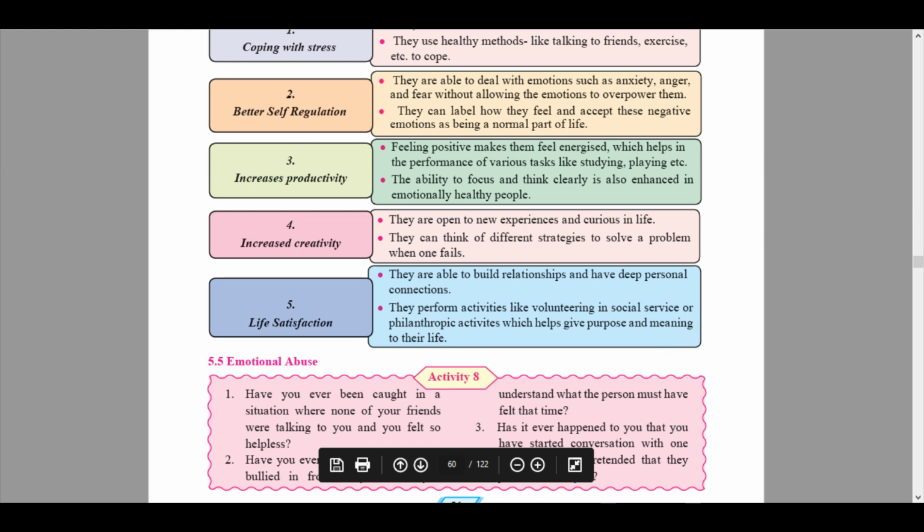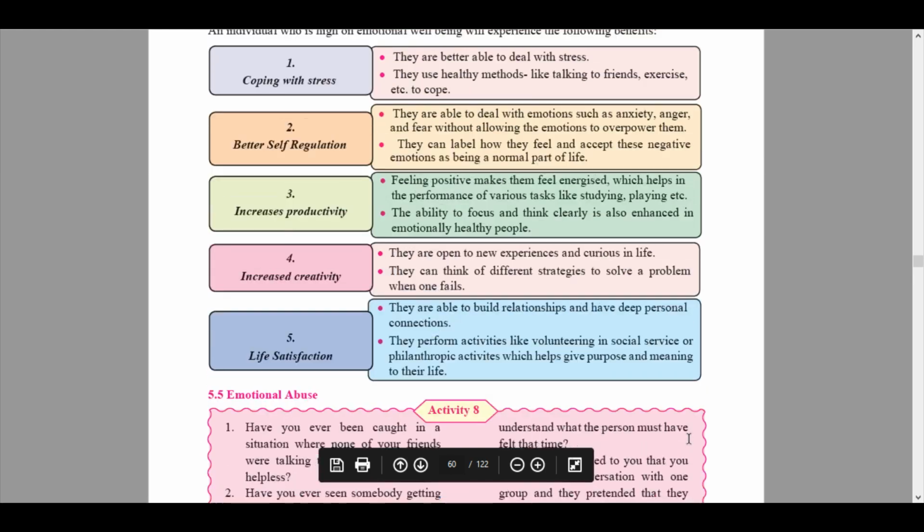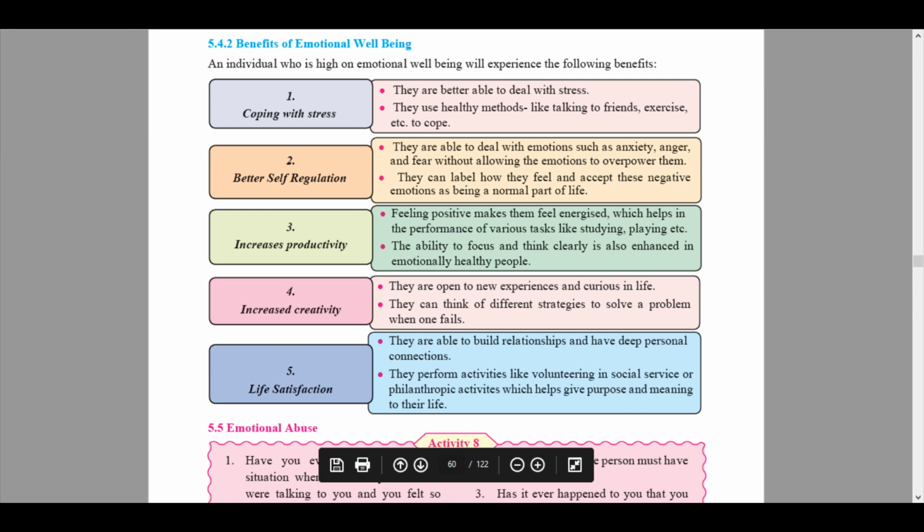We'll read this out one by one. The first one we have here is coping with stress. They are better able to deal with stress. They use healthy methods like talking to friends, exercise, etc. to cope. So coping with stress is just socializing.